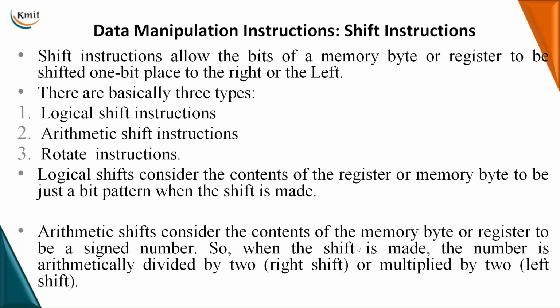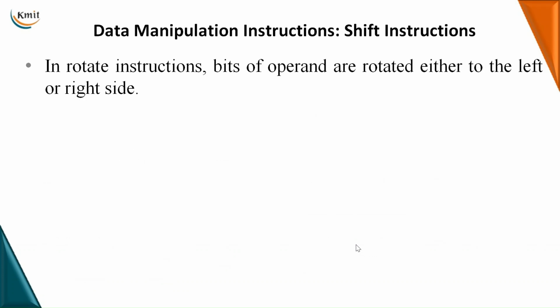So, when the shift is made, the number is arithmetically divided by 2 in case of a right shift and multiplied by 2 in case of a left shift operation. And the third type of shift is the rotate shift. In case of rotate, the bits of the operands are rotated either towards the left or to the right side. So this is about shift operations.